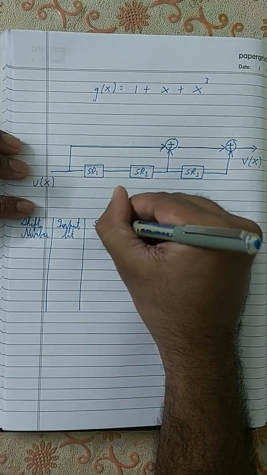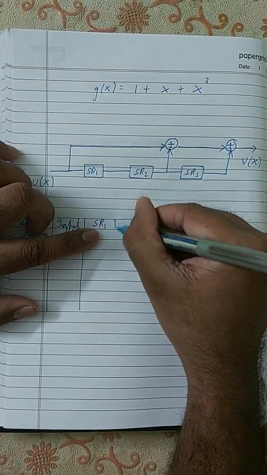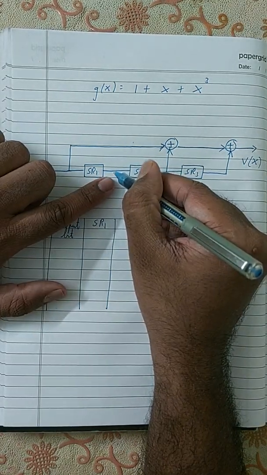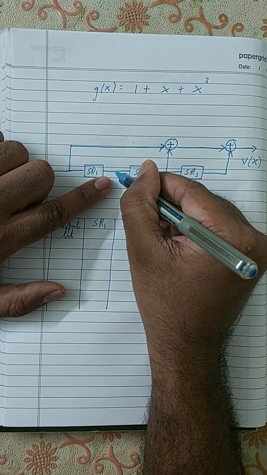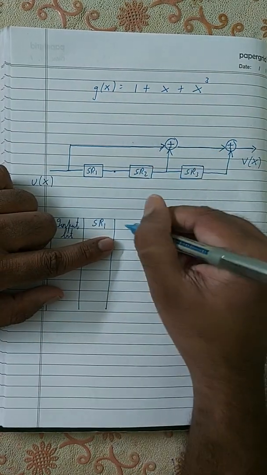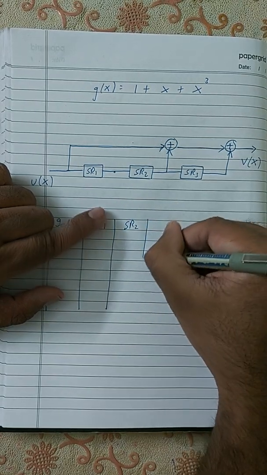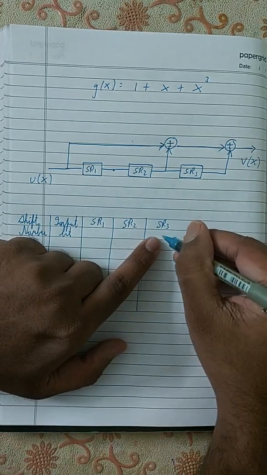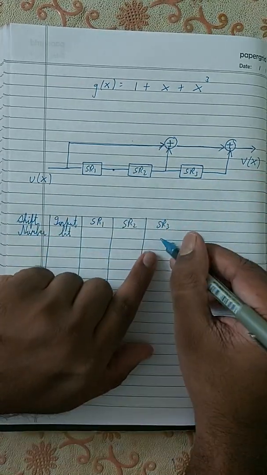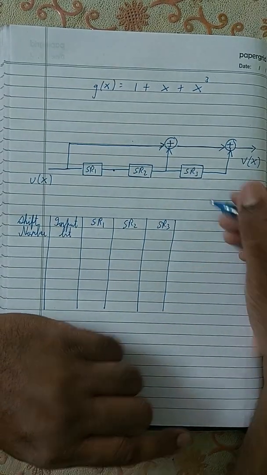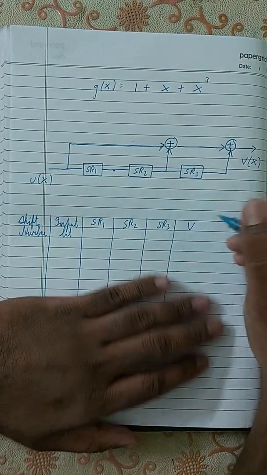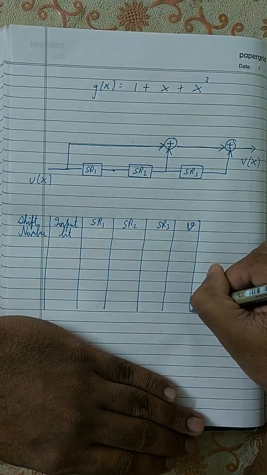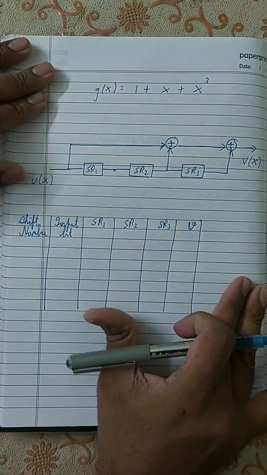Next will be the content of my shift register. So SR1 content means the value at the output of SR1. The value over here represents the value of SR2, and the value over here represents the output of SR3 that I'm drawing over here, and then this will be my code B. This is how we usually explain.